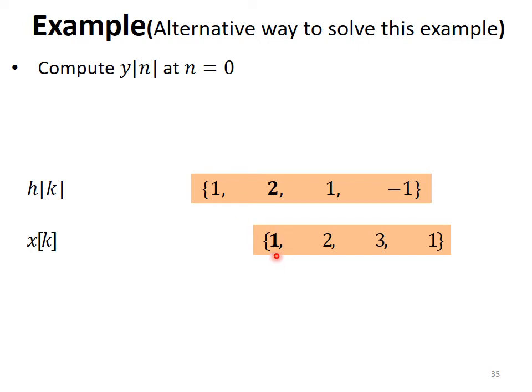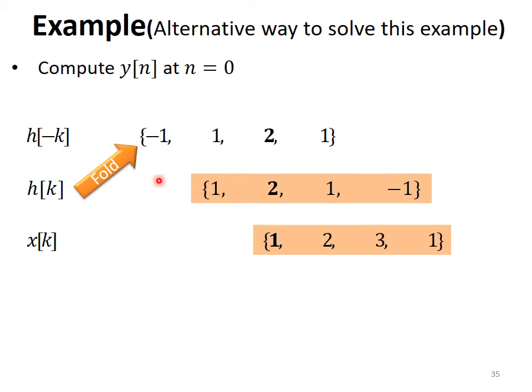Here this is the sample at k equal to 0, and this is the sample at k equal to 0. Now fold h of k. So folding of h of k would result in -1, 1, 2 and 1. So all the samples which are occurring at k equal to 0 are placed right under each other, so that we can easily multiply them together.